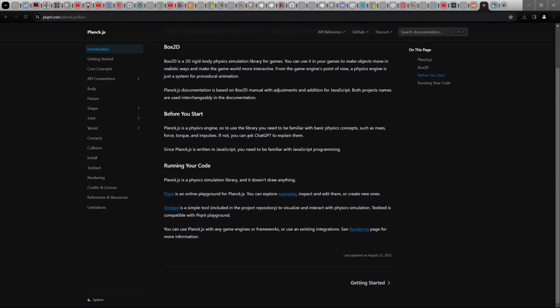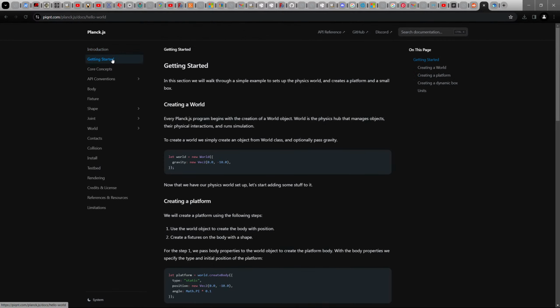You need mass, force, torque, JavaScript. Plank.js doesn't draw anything. Oh, great. So Plank doesn't draw anything, which is what I need because I'm doing the drawing. That's good.